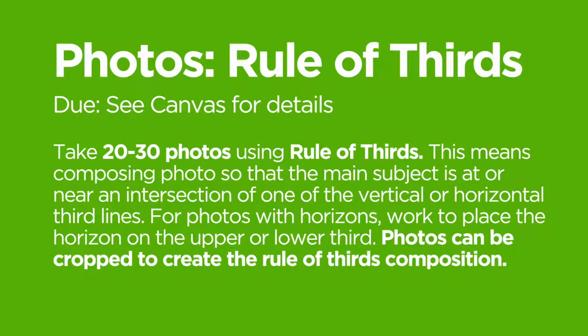It's easier to show you than try and explain it like this. The other thing to be aware of with this assignment is that you can create the rule of thirds in Lightroom when you crop the photo. So you don't have to exactly get it or even be close necessarily, but you can create rule of thirds when you crop the photos before you turn them in. So that's what you need to know.